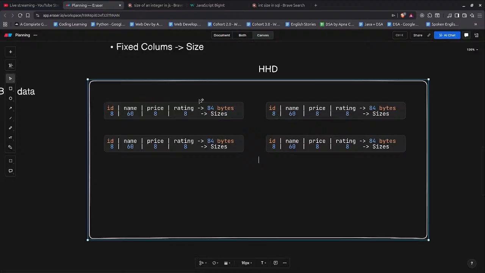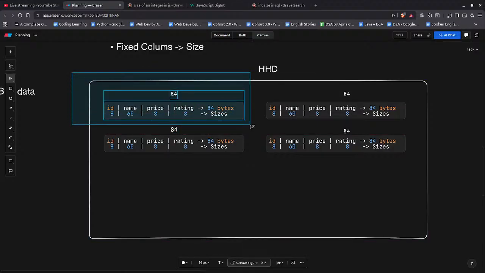Suppose 84 bytes got stored here, and after 84 bytes, the remaining 84s are going to be stored here, then here, and lastly the remaining 84s here, and similarly it will keep going on. Suppose the ID is first, so we will get the first 84 bytes.